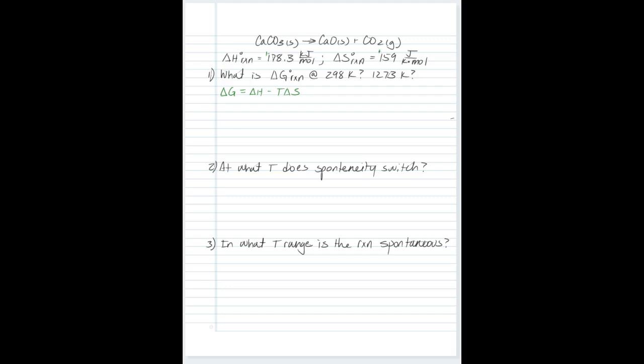Okay, so if I look at what a positive delta H and delta S do in my equation, this delta H is positive, of course, but then the whole negative T delta S term becomes negative, because in the Kelvin scale we only have positive values for temperature. And the delta S is positive.